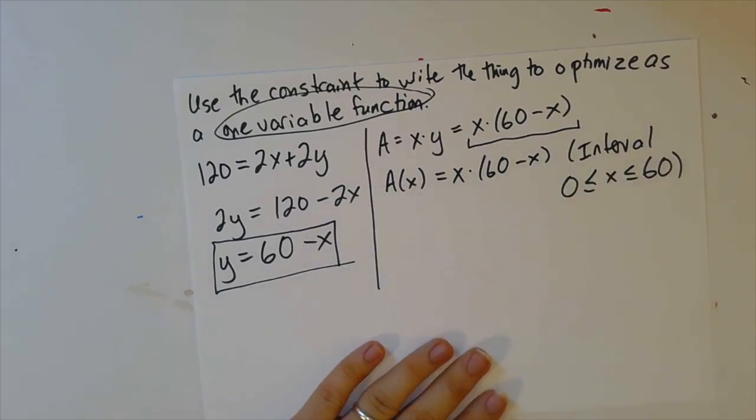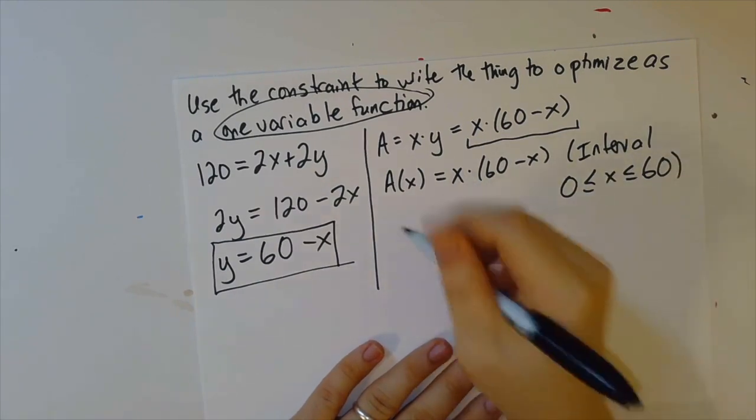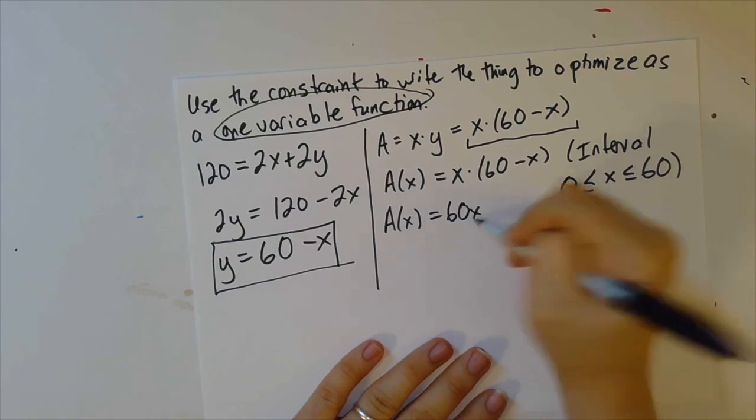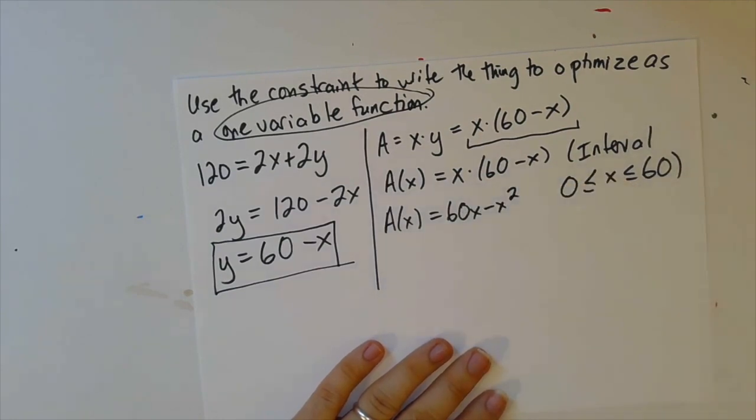Okay, so let's rewrite: A of x is 60x minus x squared.